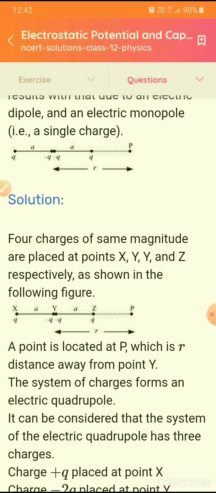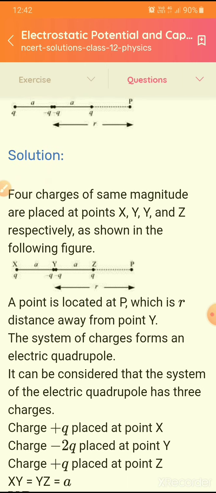At Y we have 2 minus Q charges, at X plus Q, and at Z also plus Q. The distance from Y to the point P will be small r, and the distance between X and Y will be a, and Y and Z will also be a.